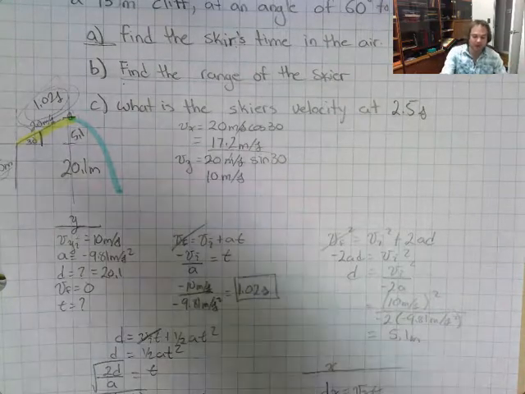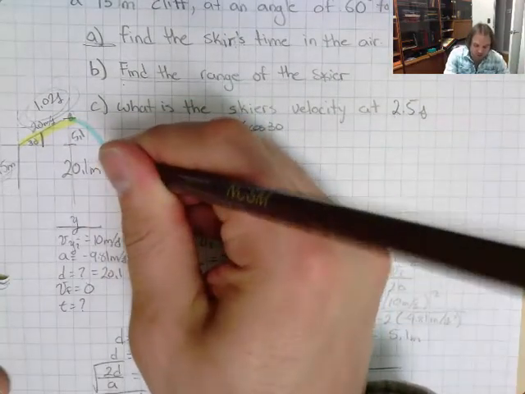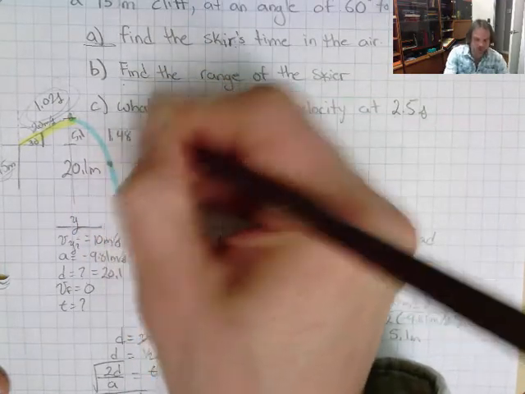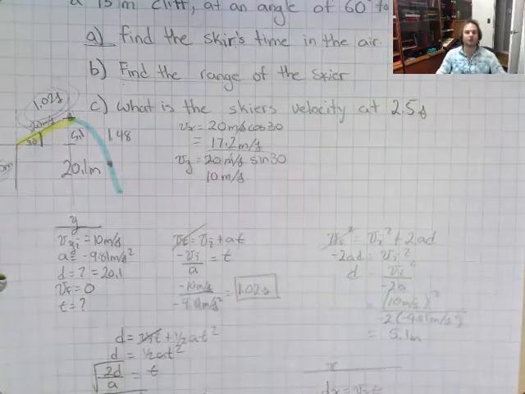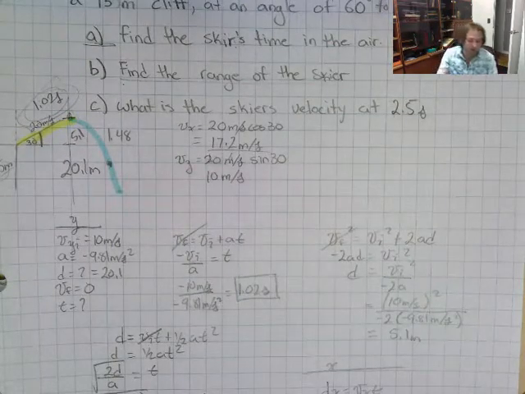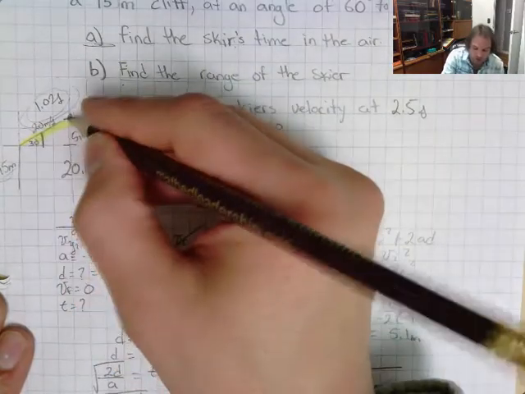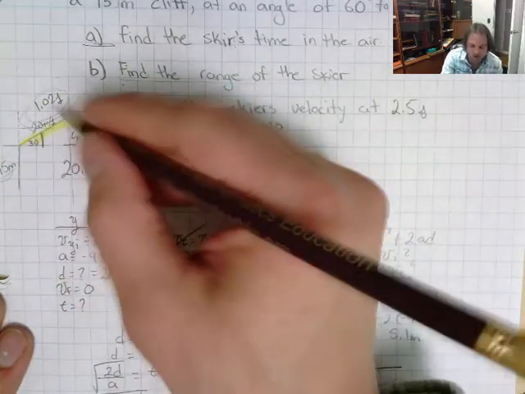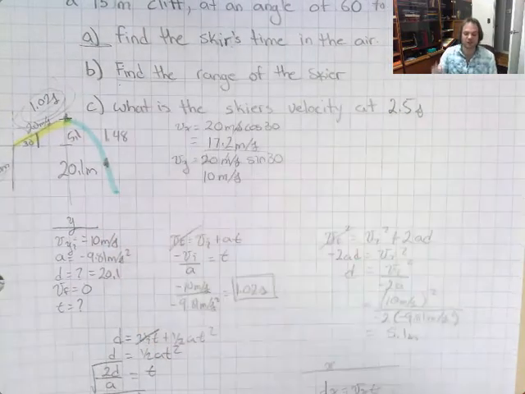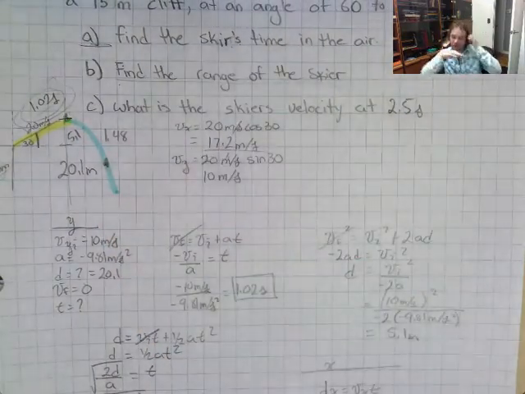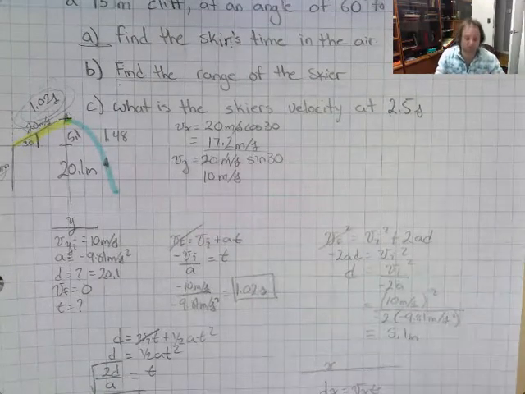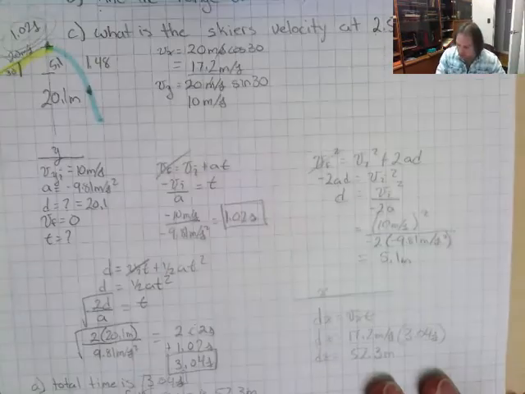But now, at 2.5, I want to know at 1.48 of the Thelma and Louise, what is their velocity in the y? 2.5 minus 1.2 gives me 1.48. So with 1.48 into the Thelma and Louise scenario here with the horizontal off the cliff, I could find my resultant velocity. So how do I do that?